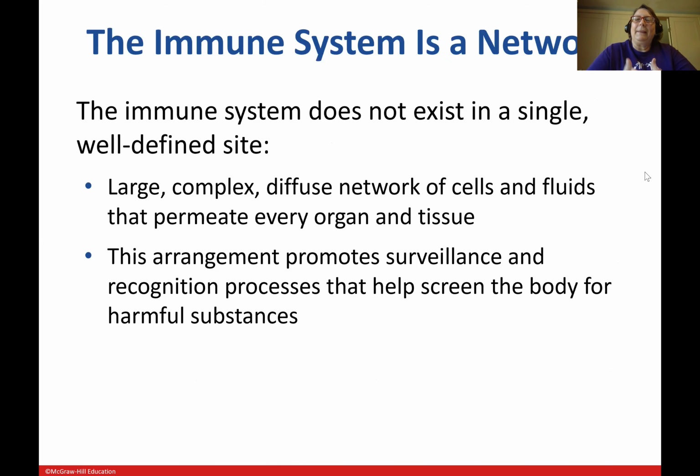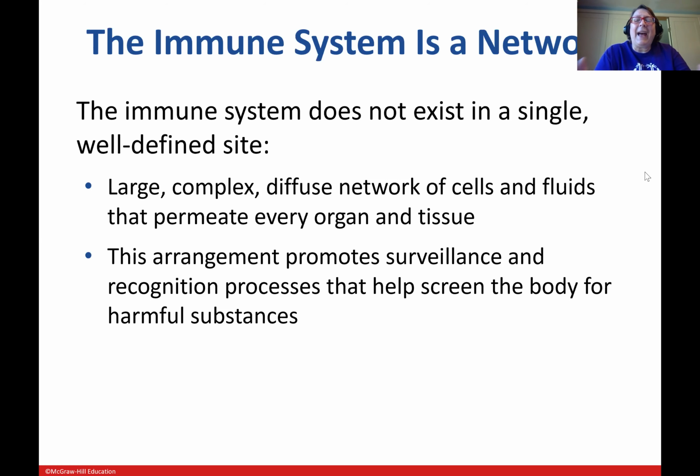So the immune system is really distributed throughout our body. It does not exist in a single well-defined place. It's a large, complex, diffuse network of cells, like white blood cells, and fluids, like lymph, that permeate every single organ and every tissue.